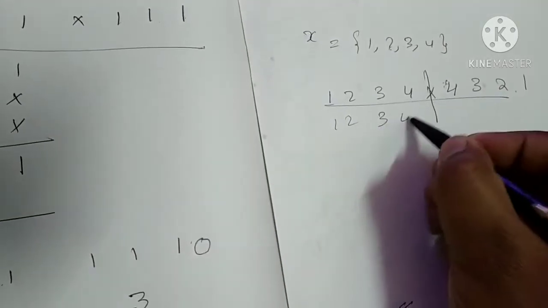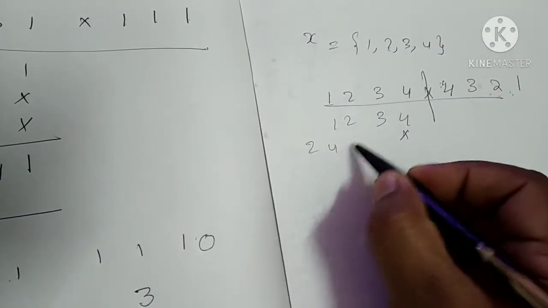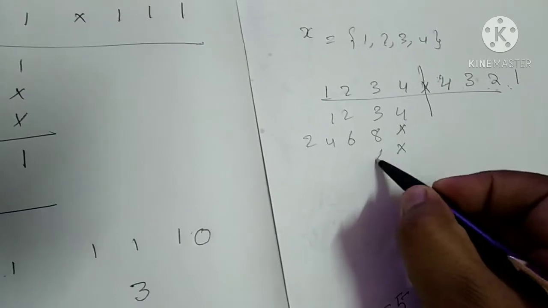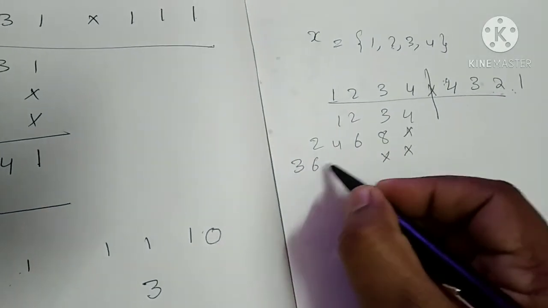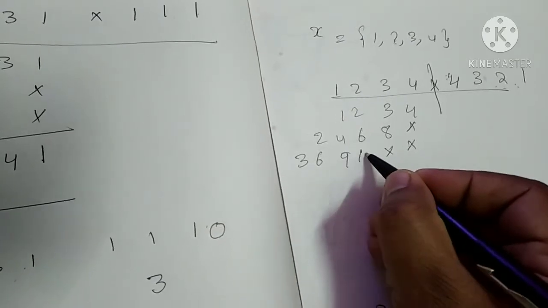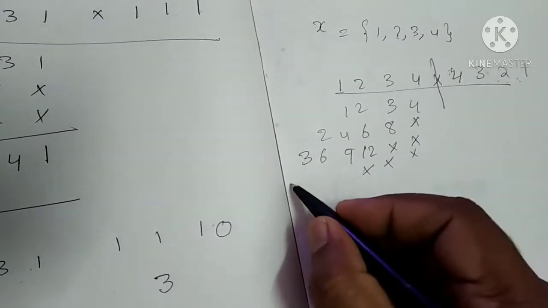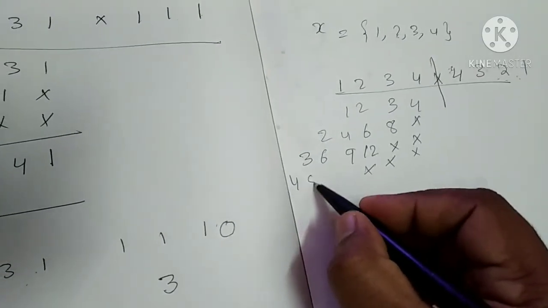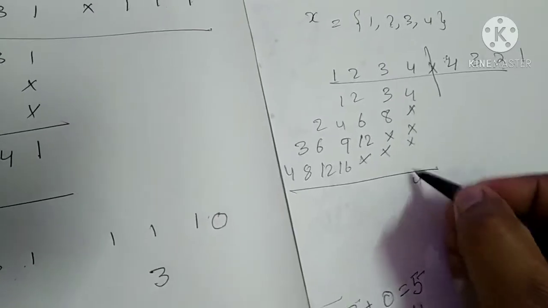We'll have 1, 2, 3, 4 because of 1, then leave one space, 2 4 6 8, leave two spaces, multiply with 3, 3 6 9 12, and leave three spaces, 4 4 8 12 16.